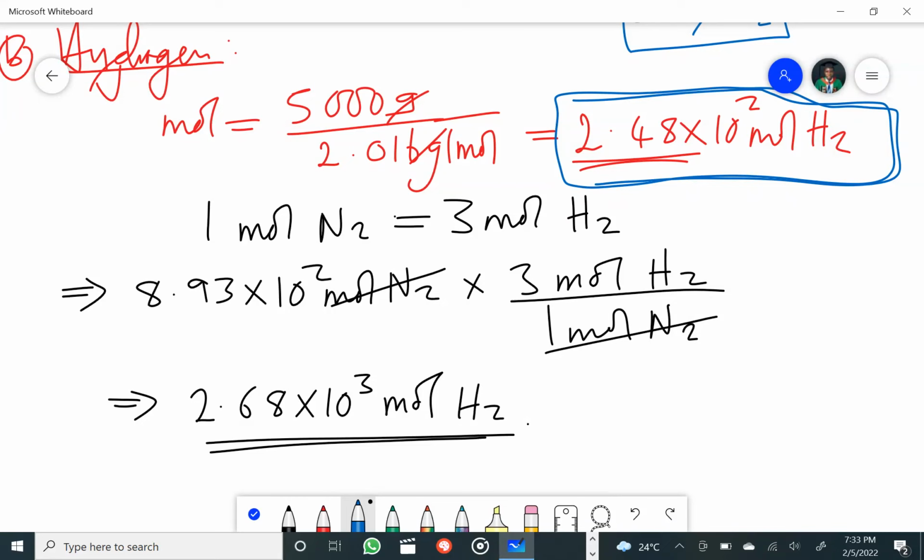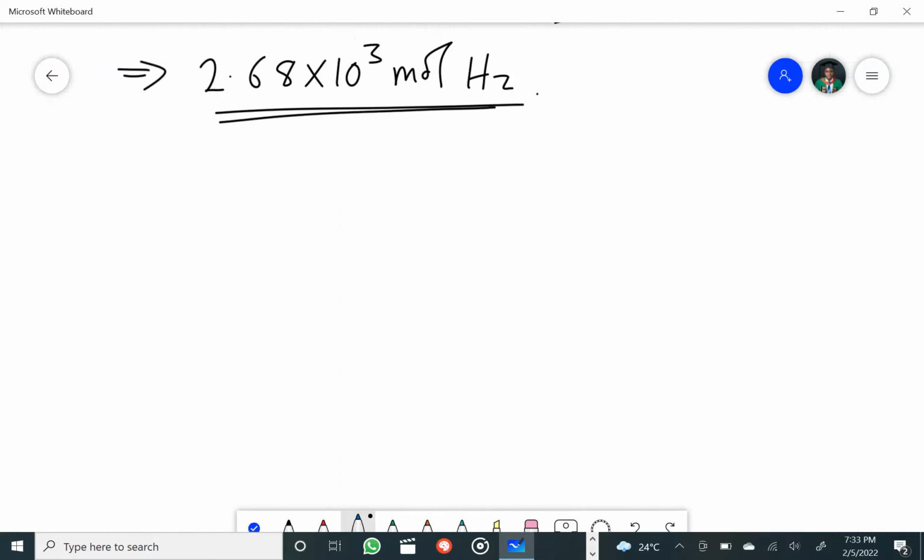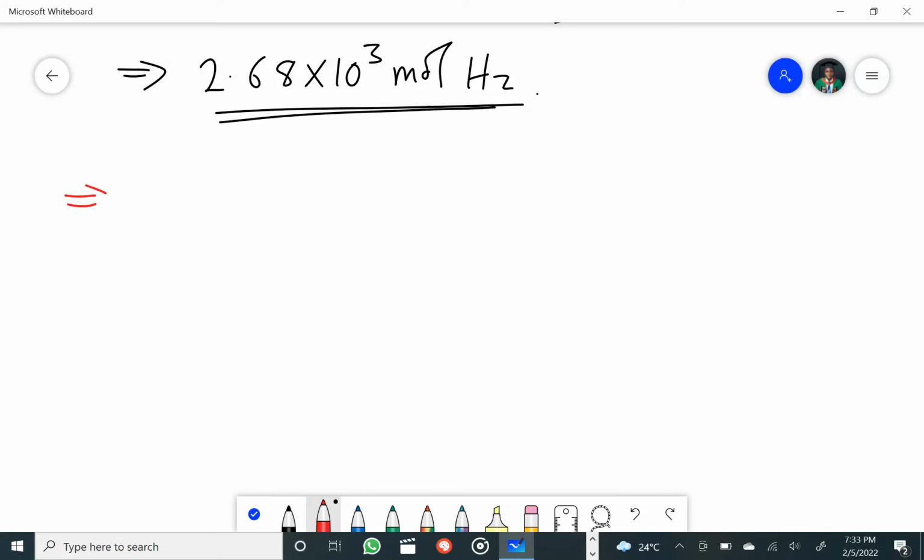Now let's use the other way around, where we use the moles of hydrogen to figure this out. Again, we're going to use the same ratio, but this time we want to use the moles of hydrogen, which are 248 moles.